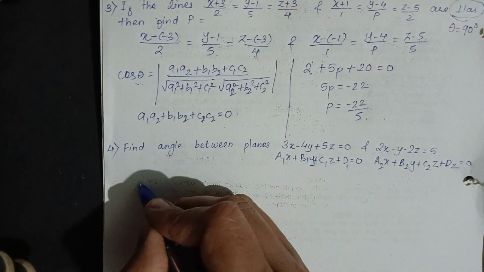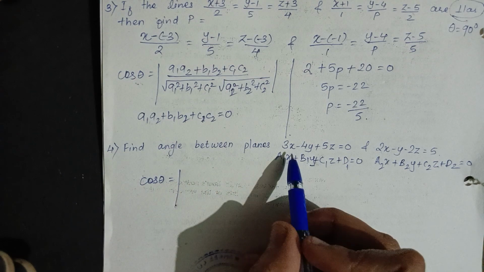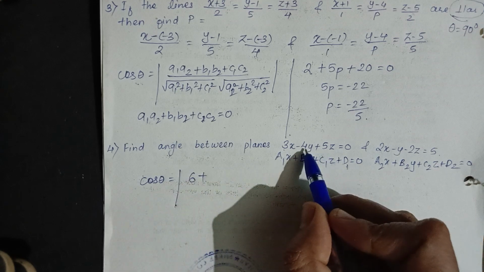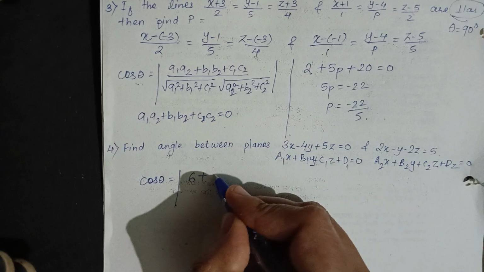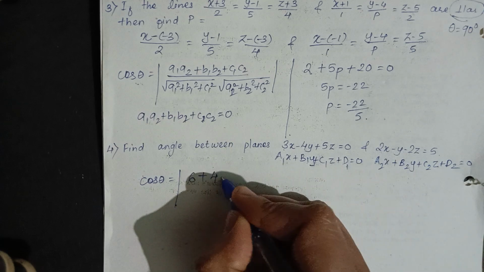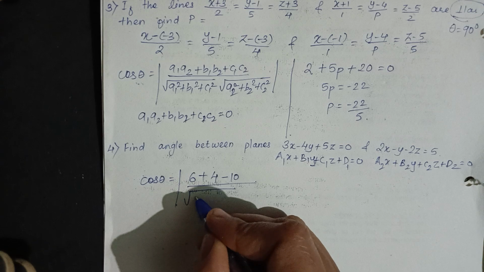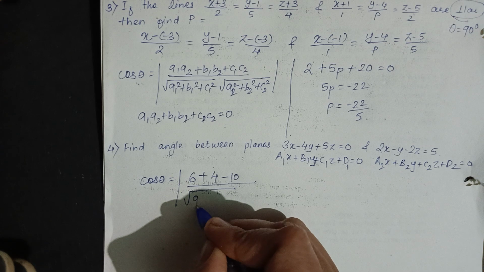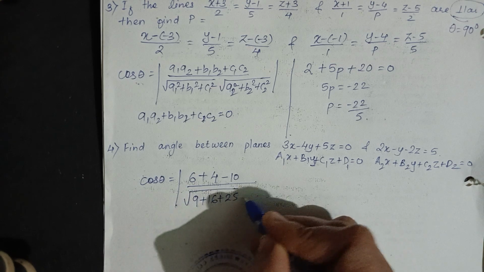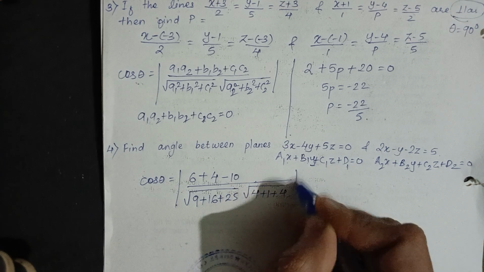So our formula is cos theta equal to a1 into a2, so 3 into 2, 6, plus b1 into b2, minus 4 into minus 1, 4, plus c1 into c2, 5 into minus 2, minus 10, upon root of 3 square, 9, 4 square, 5 square, times root of 2 square, 1 square, 2 square.